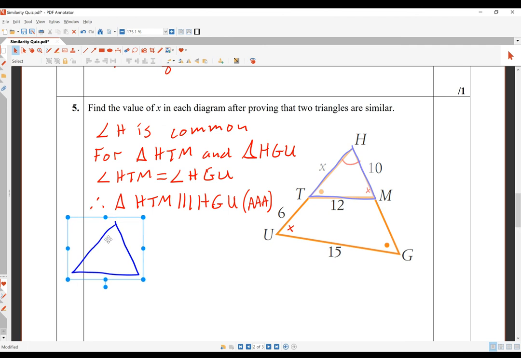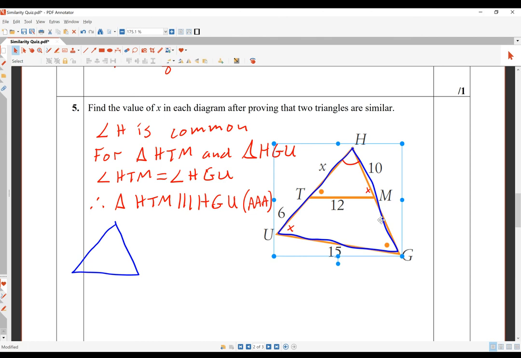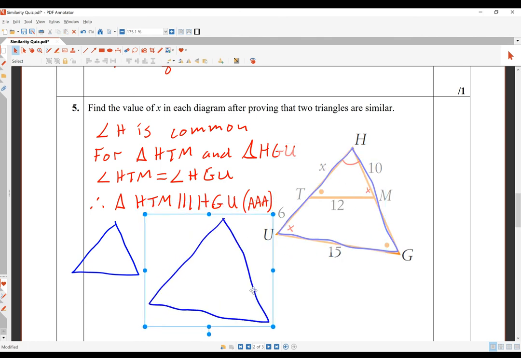So there's the little triangle. And then I'm going to trace over the other triangle. And it's a bit wonky, but that'll do. There we go. And let's pick that up. And we'll drag that over here.